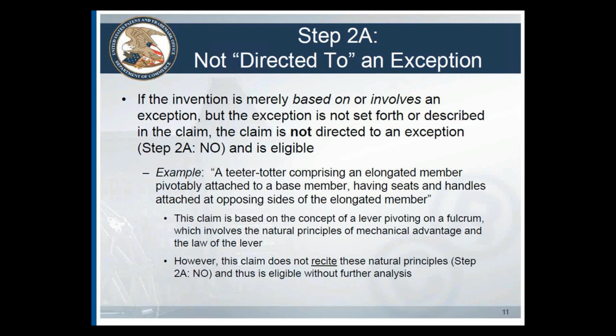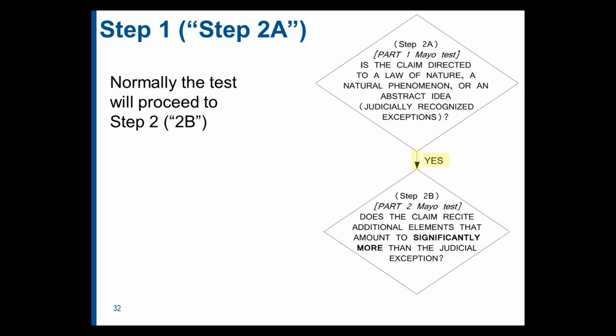Now of course, a teeter-totter involves several laws of physics, including levers, fulcrums, and so on. But the claim is not reciting these laws of nature, these abstract ideas, and therefore the claim is not directed to the abstract idea. So if the examiner were to find that your claim is directed to a law of nature or an abstract idea, then it proceeds to the next step.